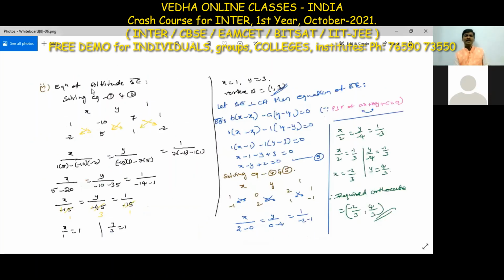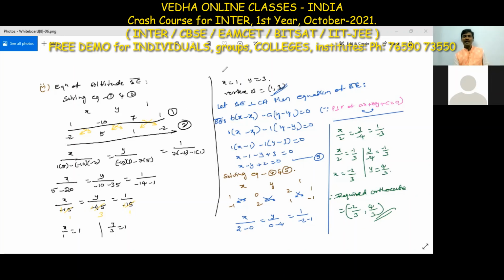Now finding the equation of BE. For that we are solving equations 1 and 2. Again take the y coefficient, constant, x coefficient, y coefficient, constant, x coefficient, y coefficient of equation 1 and equation 2.